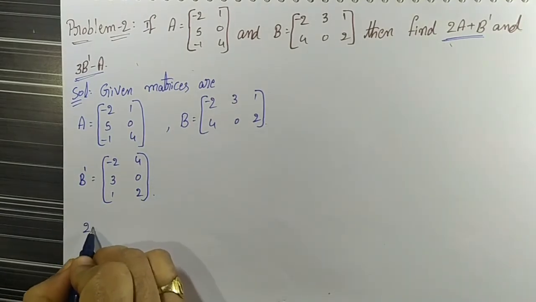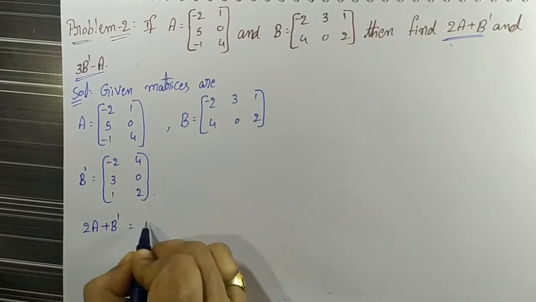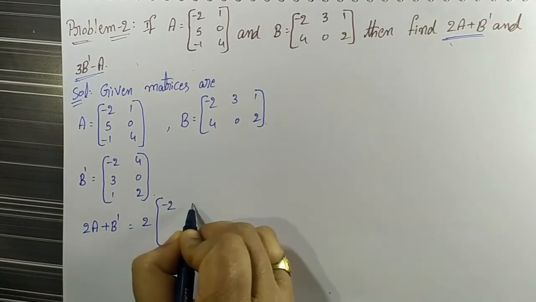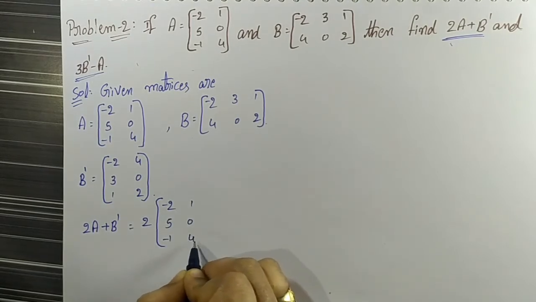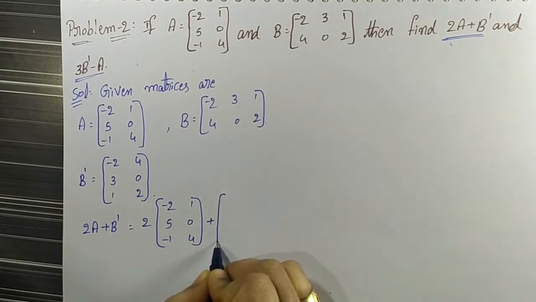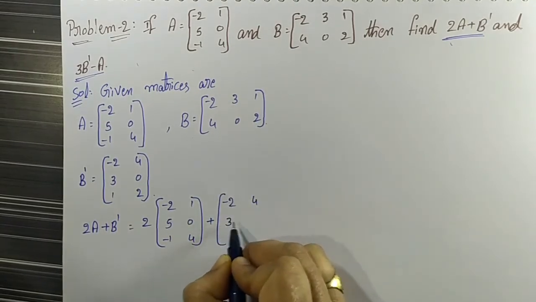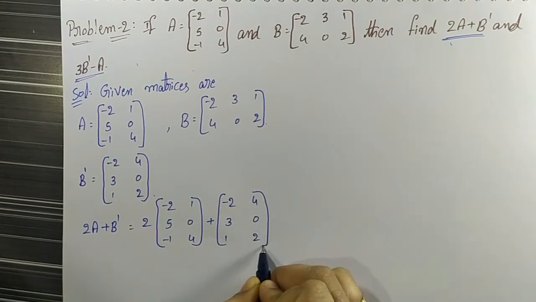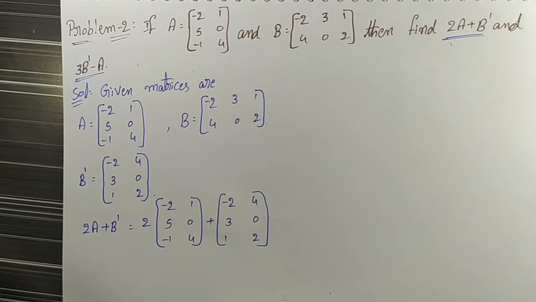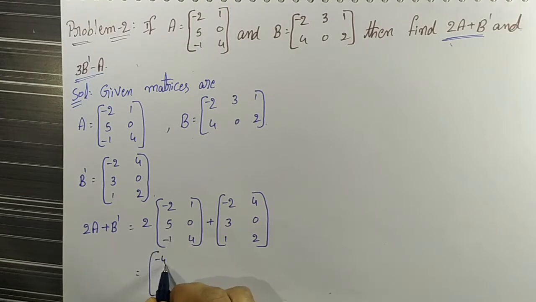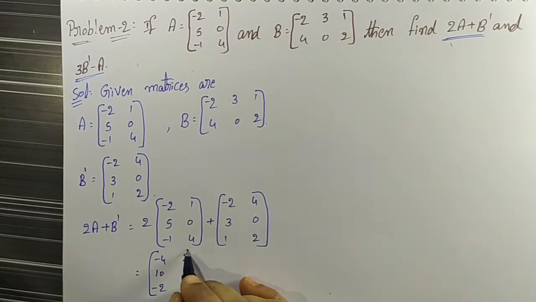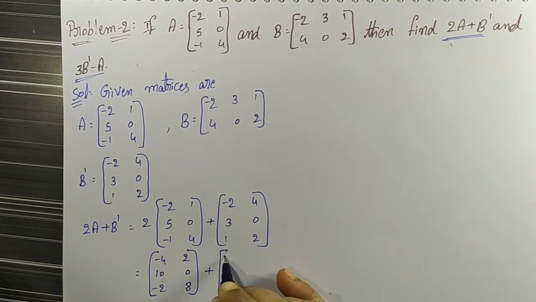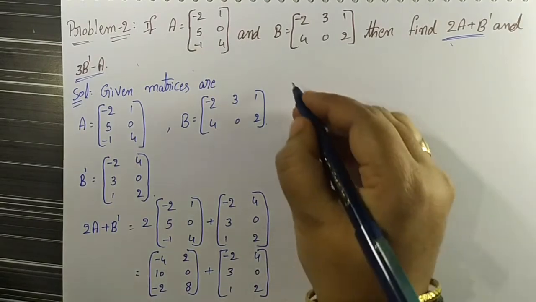First we find 2A + B', that is equal to 2 into the A value, [-2 1 5; 0 -1 4], plus the B' value. By multiplying with 2, we get [-4 2 10; 0 -2 8], plus the other matrix.